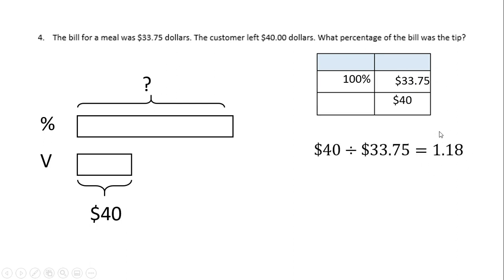I know each group is now worth 1.18. There's all these groups here worth 1.18. And to check how many groups, the table here tells me there's 100 of them. So putting those together using multiplication will give me an answer of 118. 118% is what we paid, meaning we left 18% tip for the waiter or waitress.